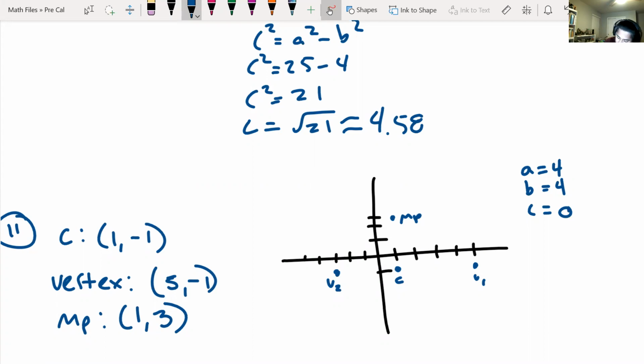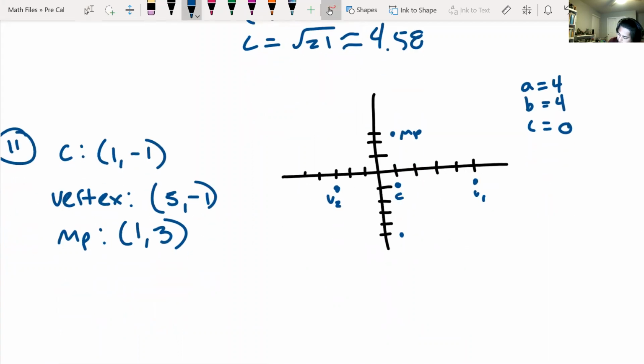Because then to find that one, 1, 2, 3, 4. And I think we'd have a circle, right? How would you write that into an equation?